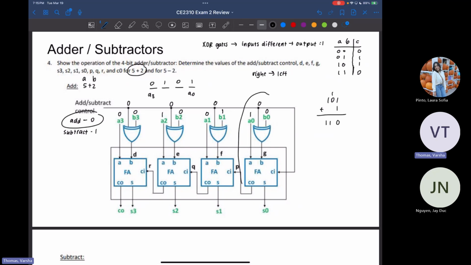So we start with this right one here, and we say, okay, coming out of this XOR gate, we have 0, 0. They're the same bit, same value. They're both 0. So what comes out of the XOR gate is a 0. And then A0 just goes straight into this full adder. This carry in is connected to the add subtract control, which we set to 0 because we're adding.